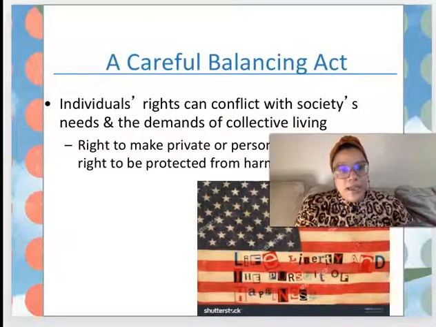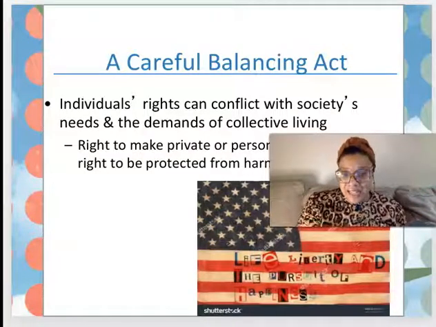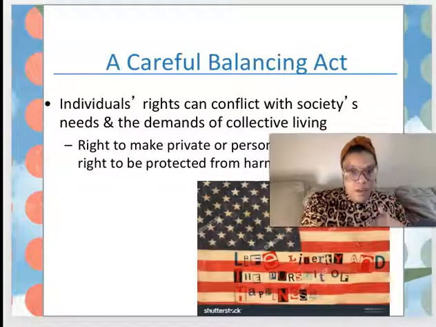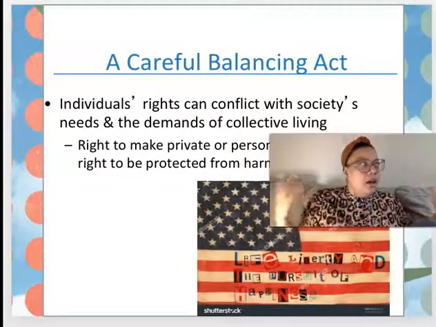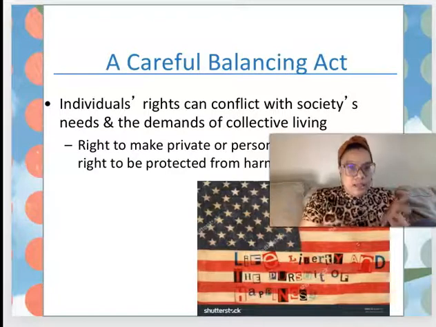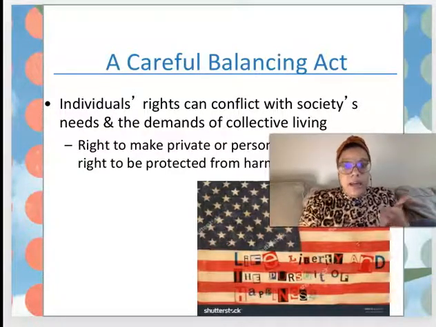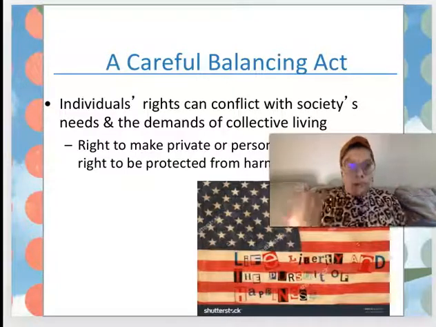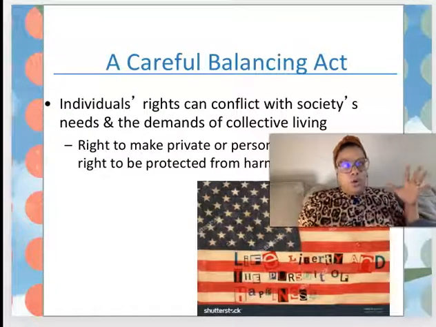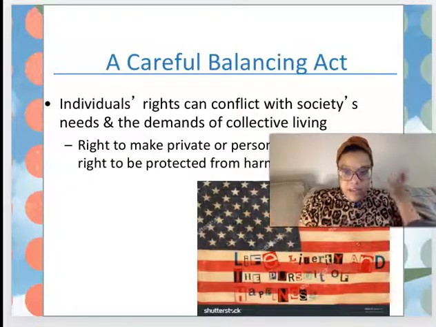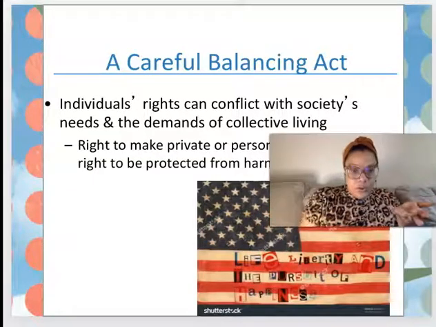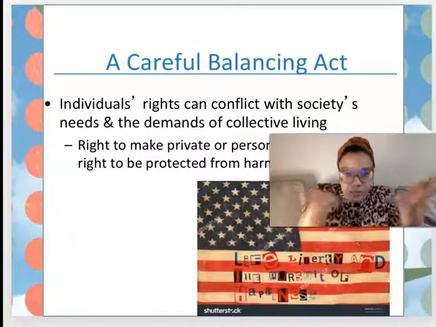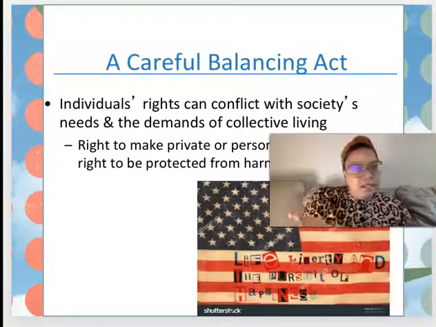So individuals' rights can conflict with society's needs and the demands of collective living, right? And we have a timely example to highlight this point right here with COVID, with masking, for example, right? So how do you weigh the rights of the individual around wearing a mask versus the health and the safety of the collective? That's the balancing act. And that's just one example.